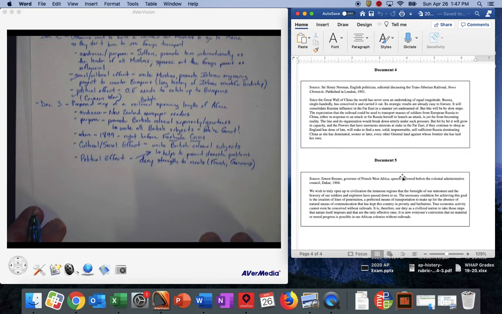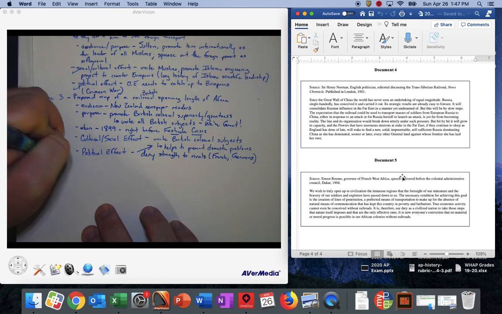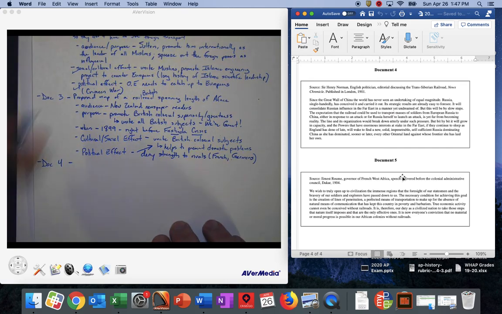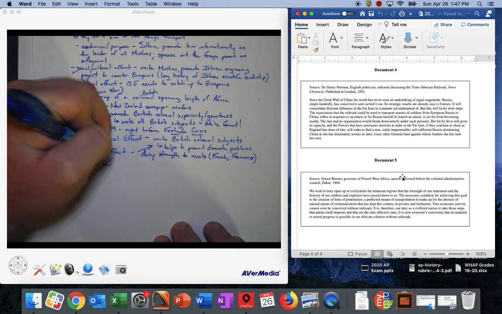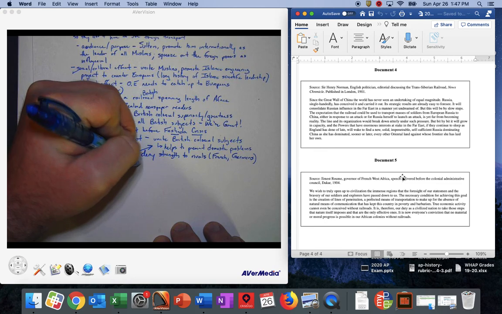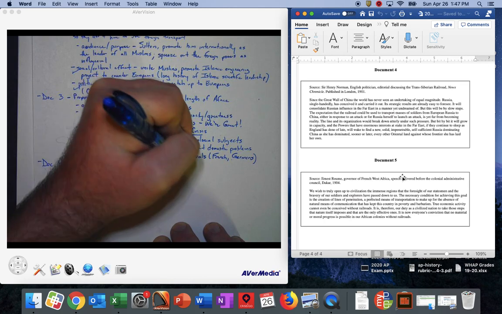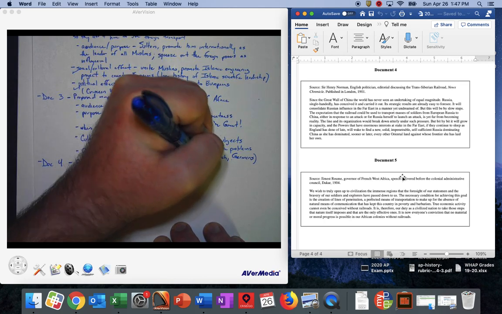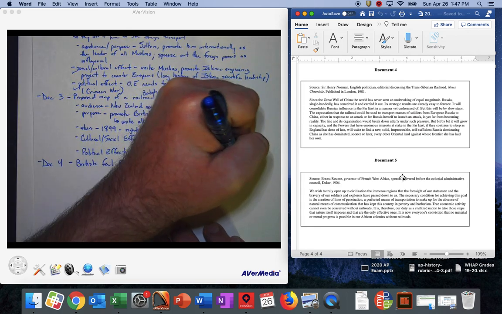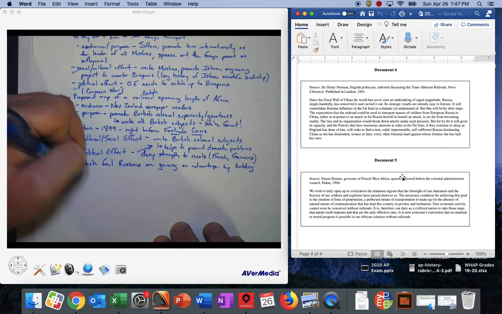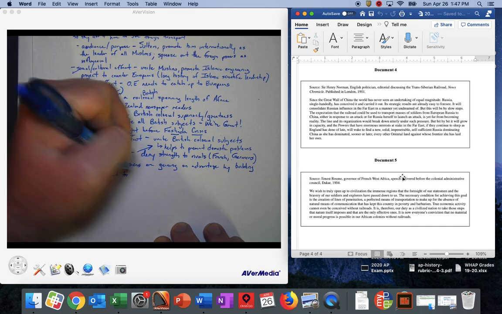And so what document 4 basically says is that the British feel like the Russians are gaining an advantage by building the Trans-Siberian Railroad to the Far East.